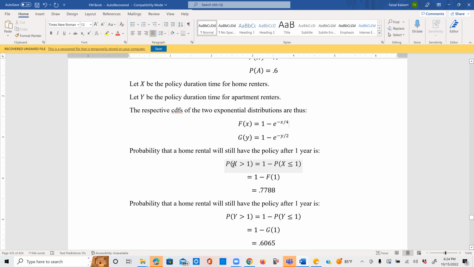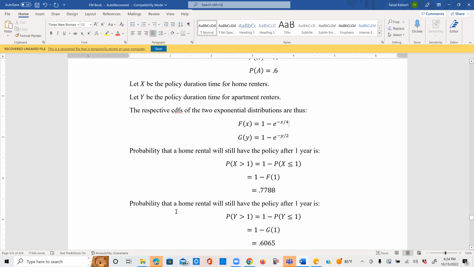So probability X greater than 1 equals 1 minus probability X less than or equal to 1, and probability of X less than or equal to 1 is the cumulative function at 1. And so when we substitute 1 in here, this whole thing ends up being 0.7788.